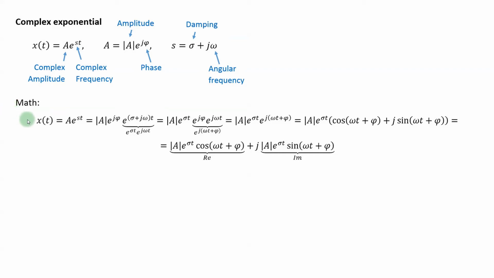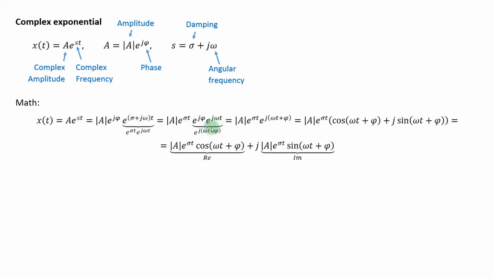So first, the math. When I write down the complex exponential, I can substitute this expression for the complex amplitude and this expression for the complex frequency. When I do that, I will get this. Here I can break this exponential into these two exponentials. That will give me this.